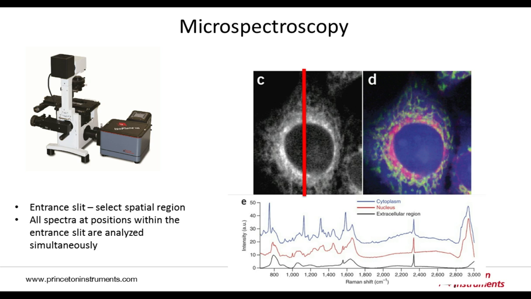The setup can be very simple. Basically, one attaches a spectrograph directly to the output port of a microscope. In this case, we observe an image of a cell. By closing the entrance slit of the spectrograph, shown by the red line in the image, we select a region from where we obtain spectra.